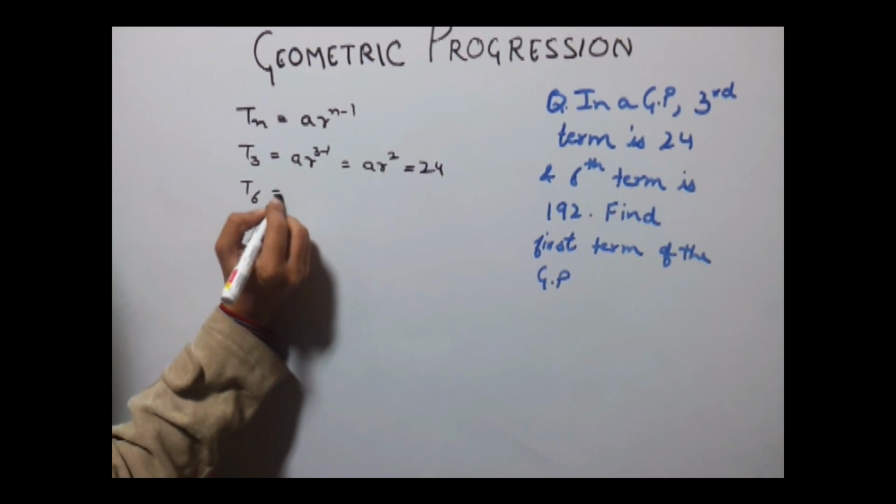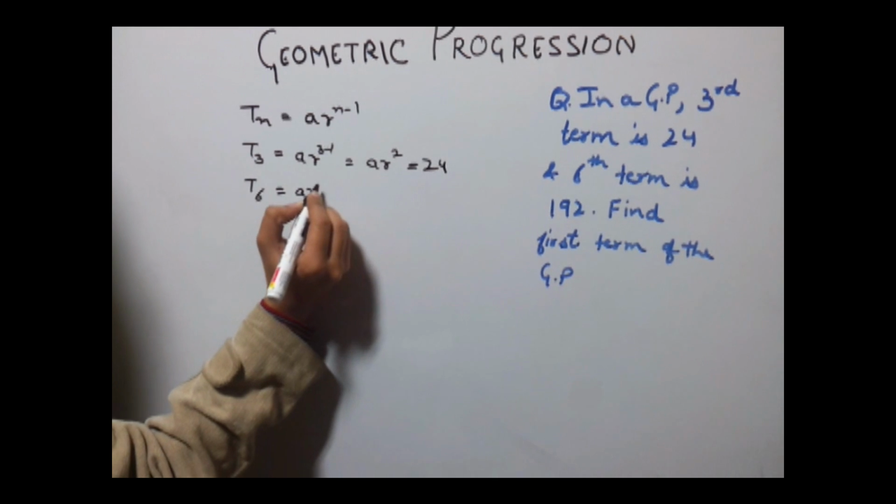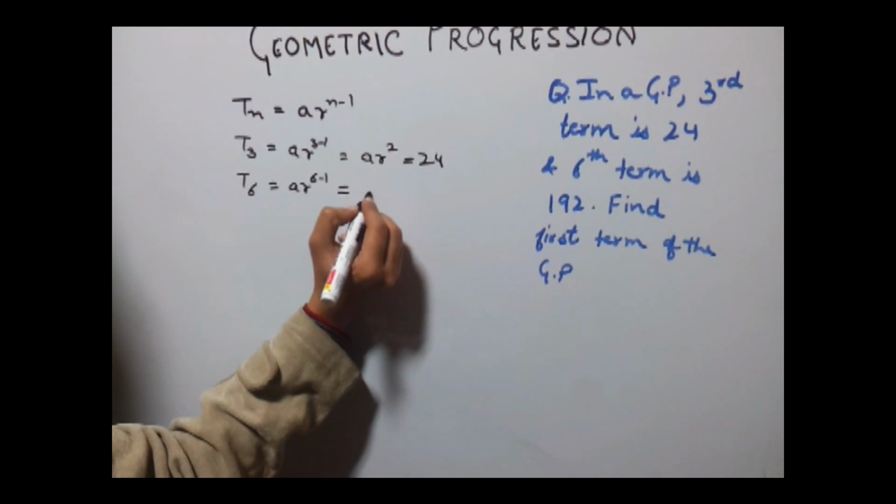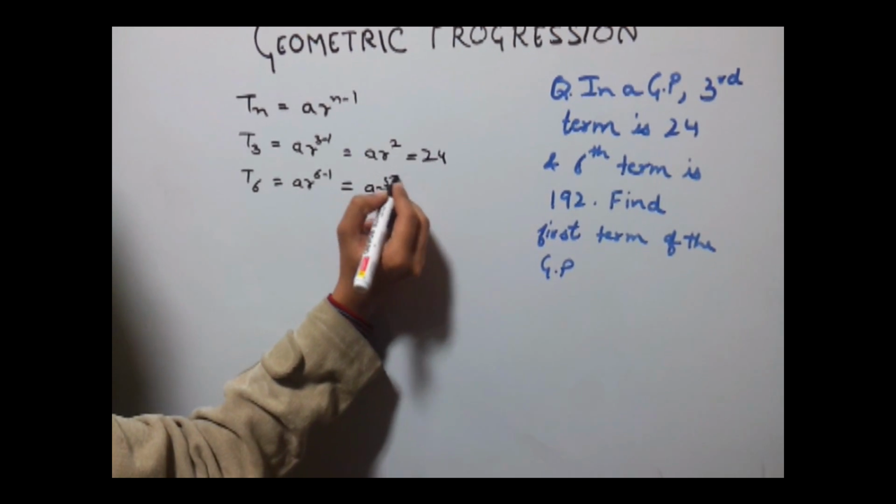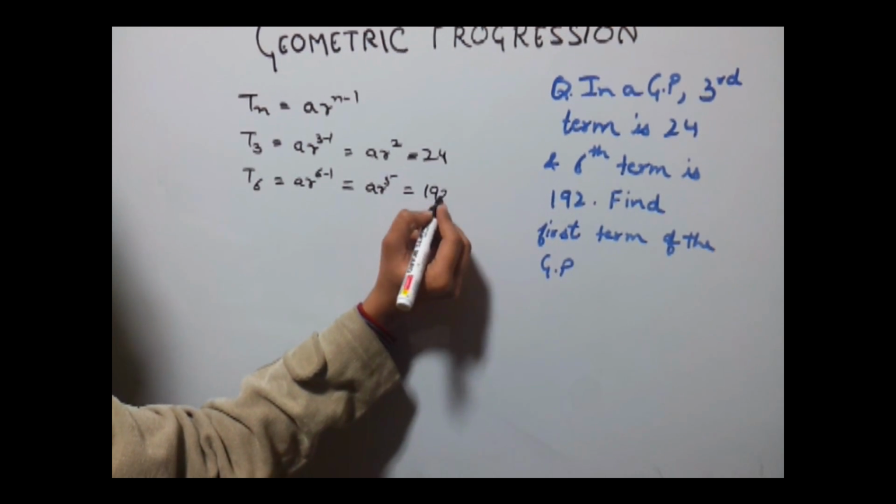Similarly, T6, that is the sixth term, is a into r to the power 6 minus 1, which is a into r to the power 5, equal to 192.